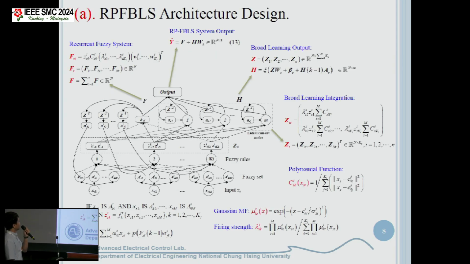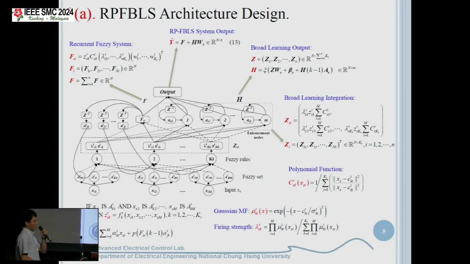So this is the overall proposed architecture design, where on the lower side here, we have fuzzy if-then rules, and then we have a fuzzy Gaussian membership function and its binding strength lambda here. And for the polynomial function, we have CISK here.